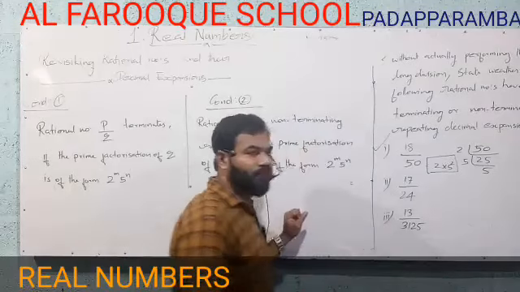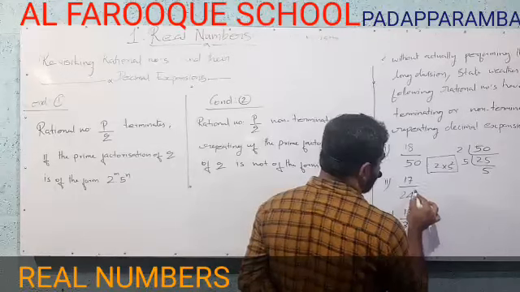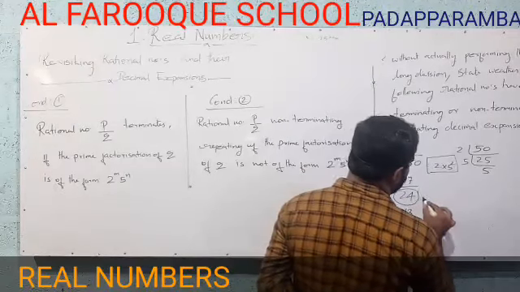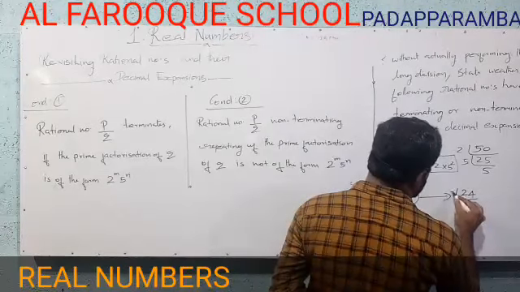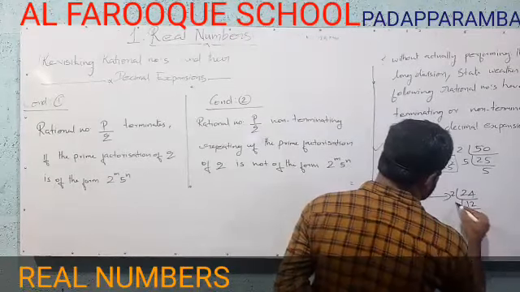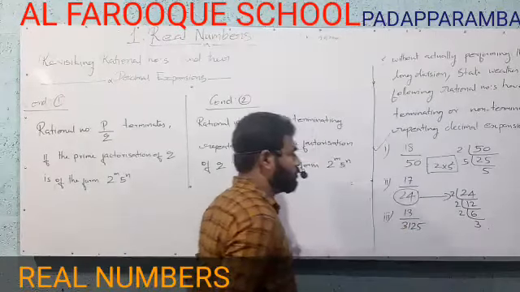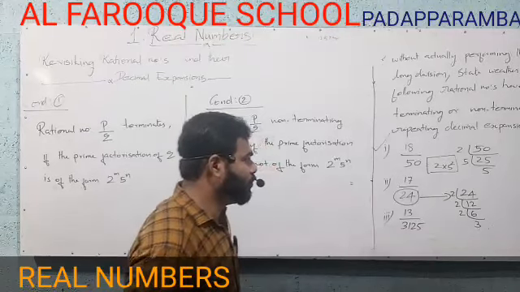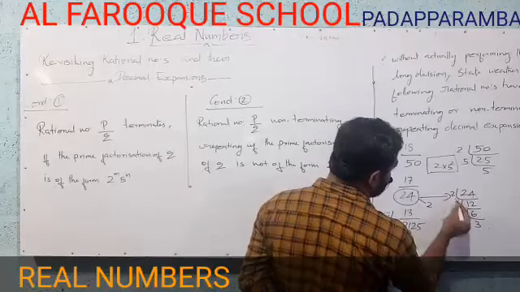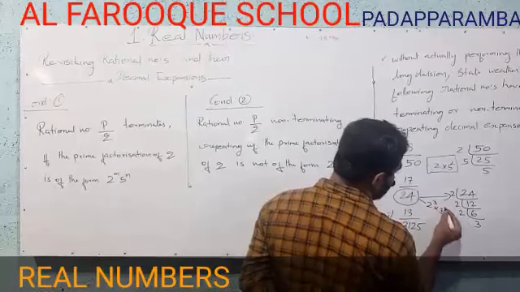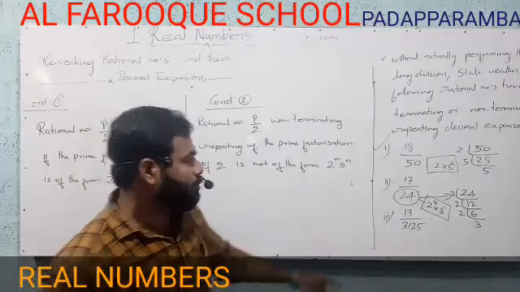Clear? Now let us consider the second one: 17 by 24. We have to find out the prime factorization of 24. By 2, 12, by 2, 6, by 2, 3. So the prime factorization of 24 can be written as 2 cube into 3. Now look at the primes.